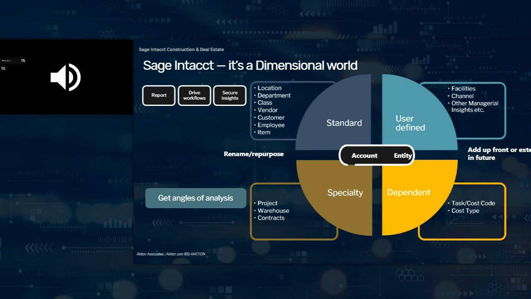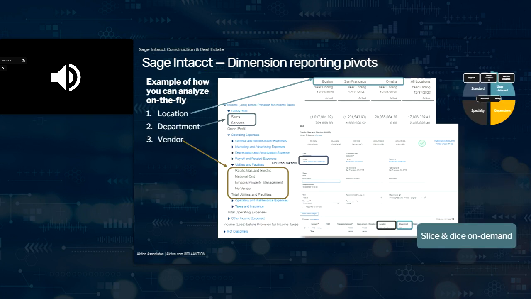And dimensions are everything from things like your entities or departments, the customers, the vendors, the projects, or even cost codes. To put that in perspective, when you're entering an AP invoice, you have the vendor, you're putting what company it's for, what department it's for, what job it's for. So when this transaction finishes, it's actually storing it in each one of those locations.